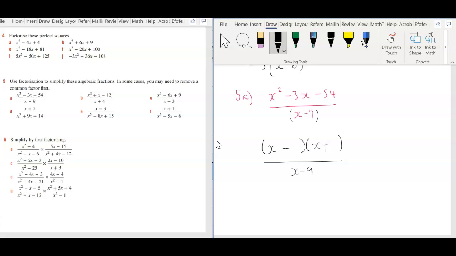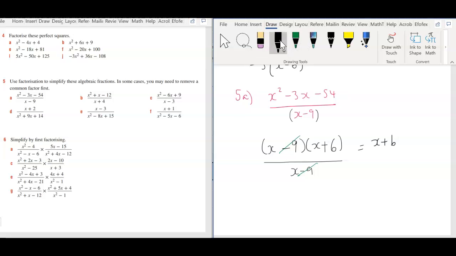Now the difference between them is negative 3, so that must mean the larger number is my negative and the smaller number is my positive. So as I said before, we're going to have them cancel out. So x plus 6 is your answer.